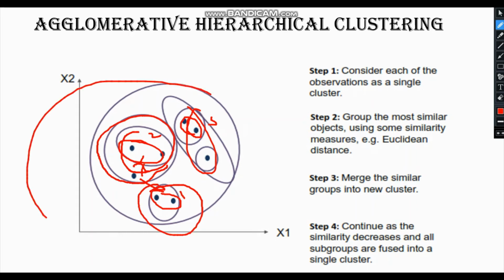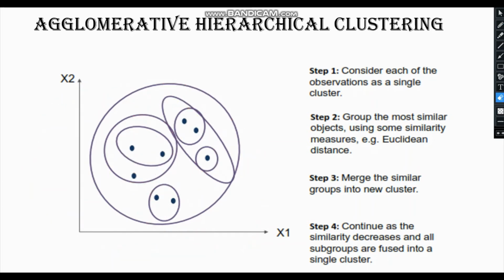Finally it forms one single cluster. So that's the process of agglomerative hierarchical clustering. Here I have mentioned the steps. Step 2: group the most similar objects using some similarity measure, and merge the similar groups into a new cluster, and finally you will end up with one single cluster.